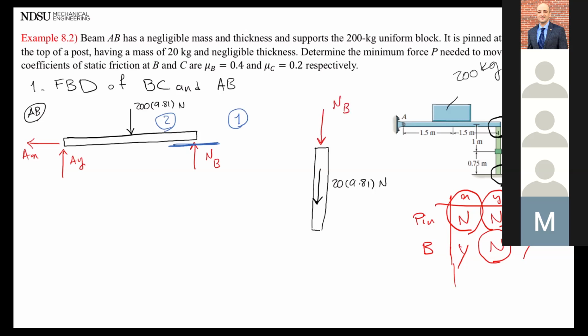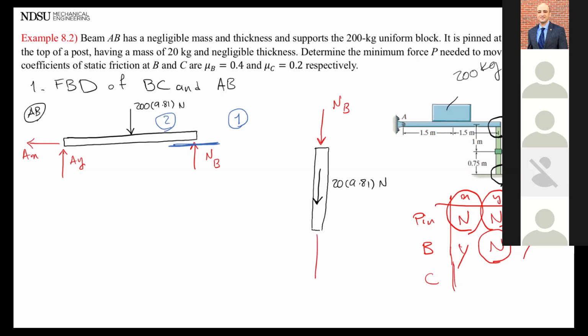What is the reactive force at point C? Based on the table, or based on whatever you want to figure out. Isn't there a normal force? Okay, which way, up or down? Up.